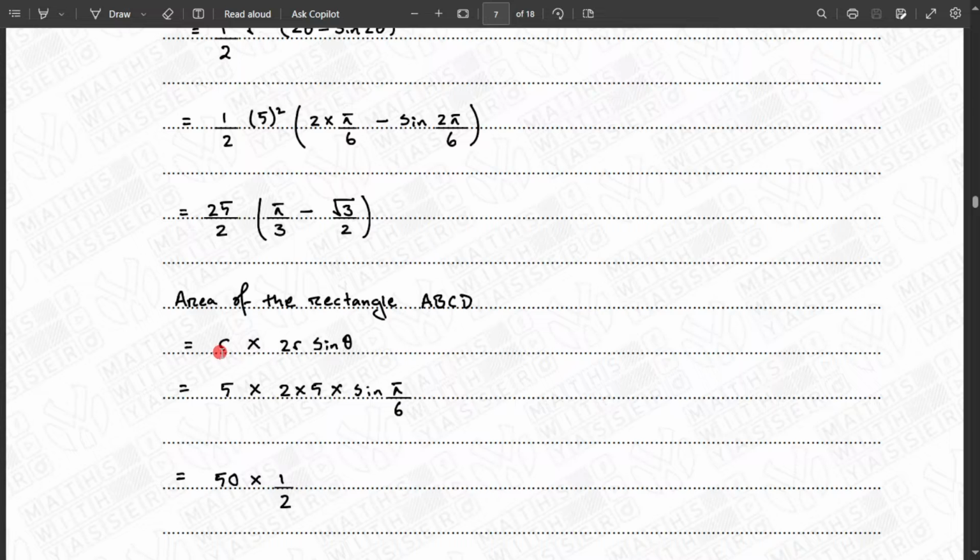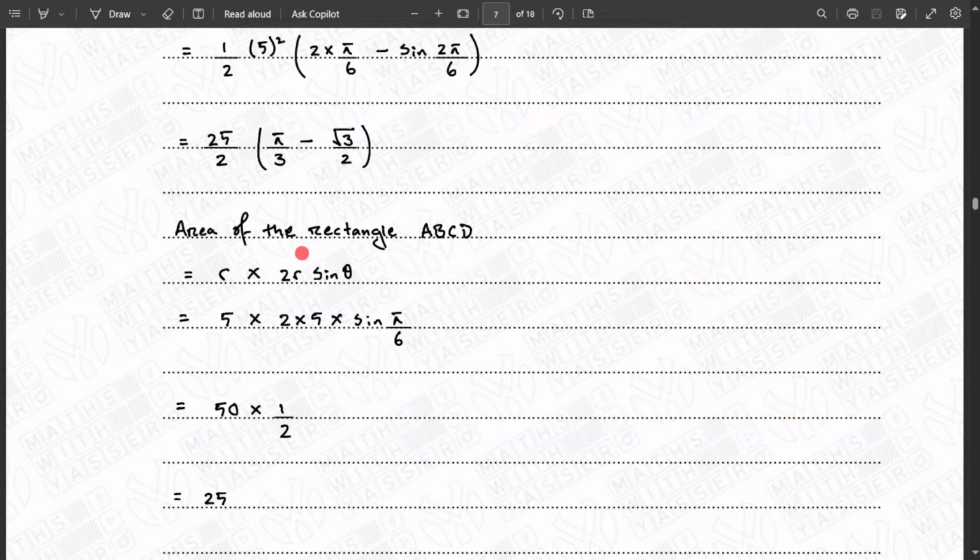The area of the rectangle is length into breadth. So it will be r into 2r sine theta. That was the length of DC, if you can recall. Then since r is now 5 and theta is pi by 6, it will be 5 times 2 times 5 times sine pi by 6. And sine pi by 6 is half. And 5 times 2 times 5 is 50.